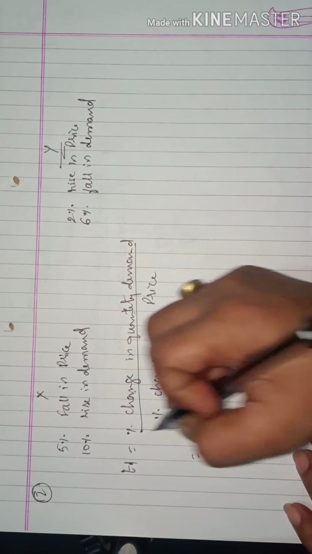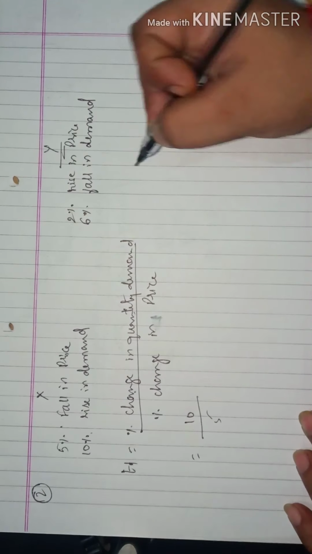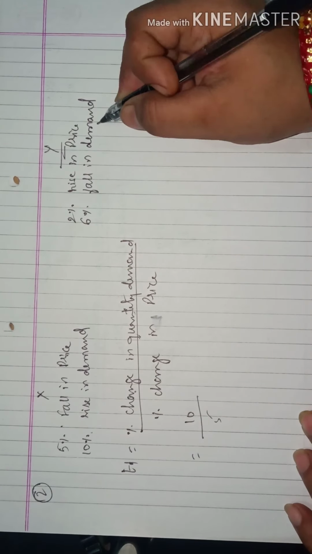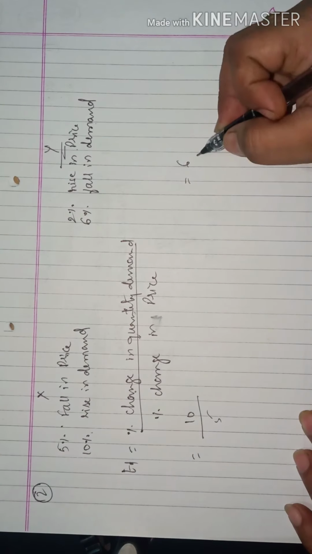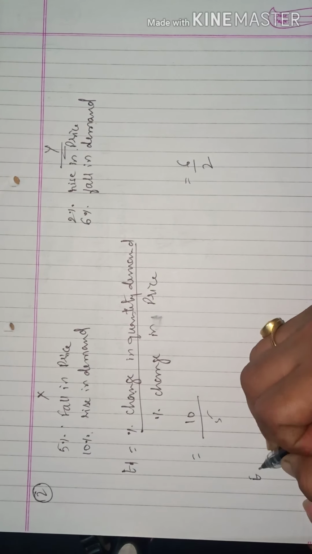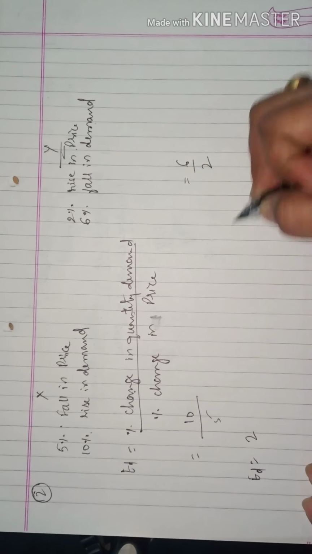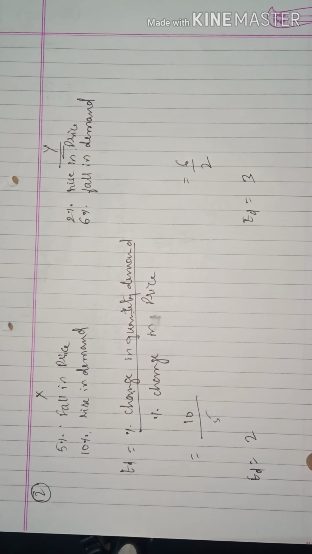That is 10. What is the percentage change in price? That is 5. Fine. Same here, what is the percentage change in quantity demanded? 6. What is the percentage change in price? That is 2. So what is the elasticity of demand over here? It is 2. What is the elasticity of demand over here? 3. So this is the simple sum which has been given.